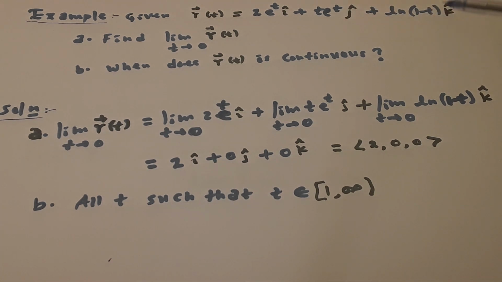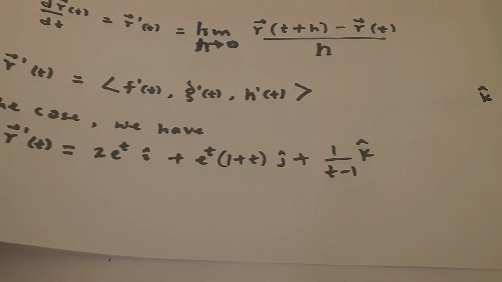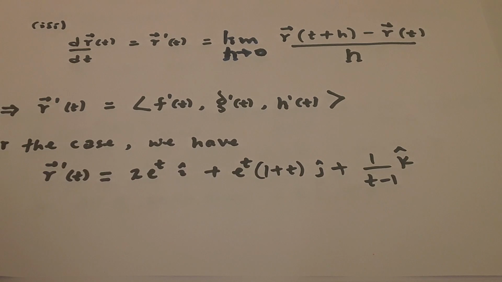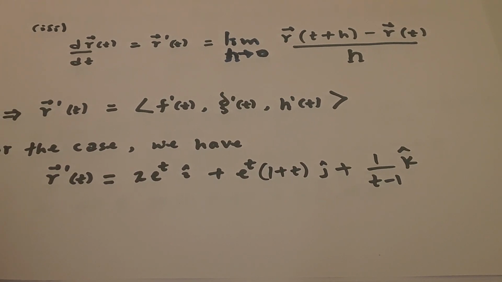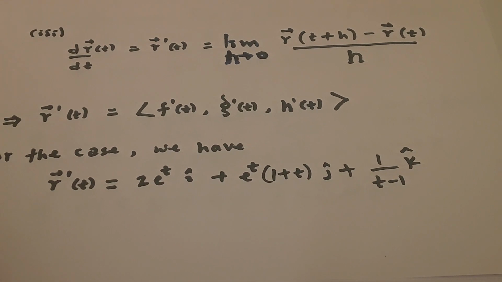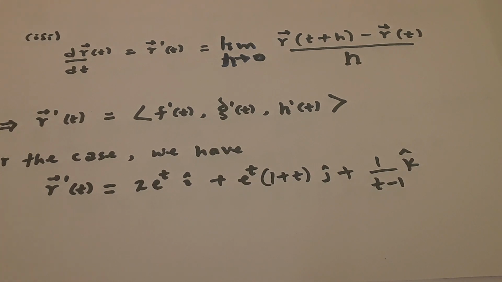Again, for ln(1 - t), the differentiation is 1 over 1 - t, times the differentiation of 1 - t, which is minus 1. So finally, we get this. I think it's extremely elementary differentiation, a revision of scalar valued functions. The only thing is that we treat it as a vector.